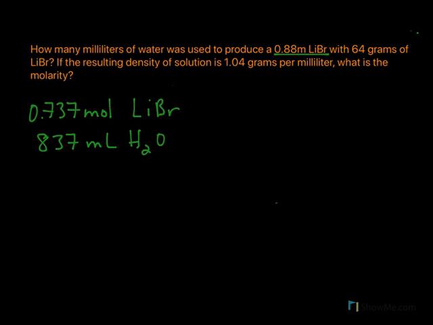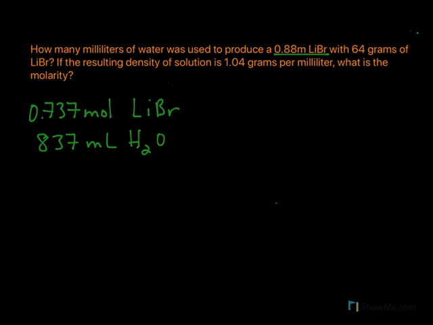Okay, so to find the molarity of the solution, I put up here the answers we found in the previous question. Again, we know that there are 0.737 moles of lithium bromide, and we have 837 milliliters of water.